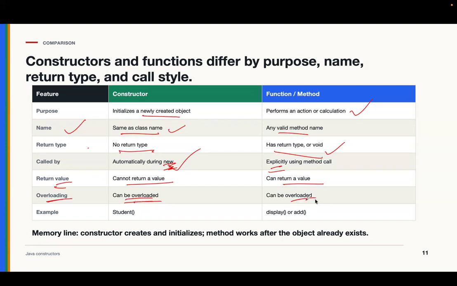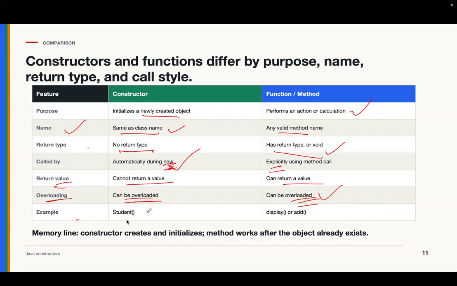But in functions also we can have the overloading mechanism, using the same approach as in constructors, according to the arguments which we pass. We can use the same method name but with different parameters, and it will call the matching method. So this overloading mechanism is for methods also.